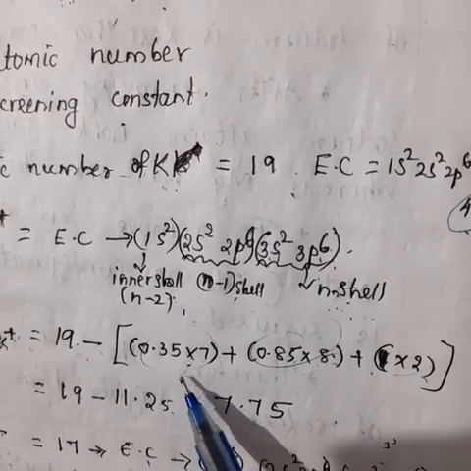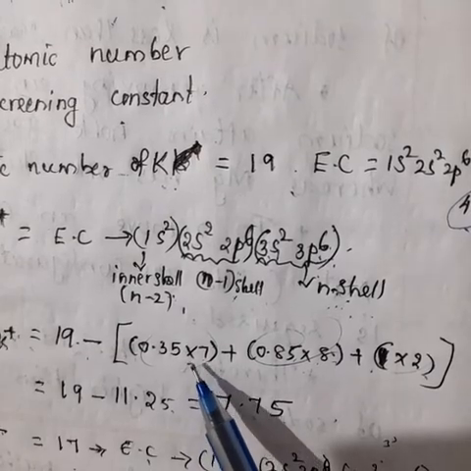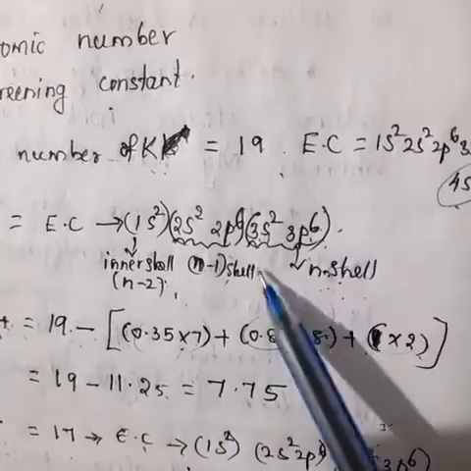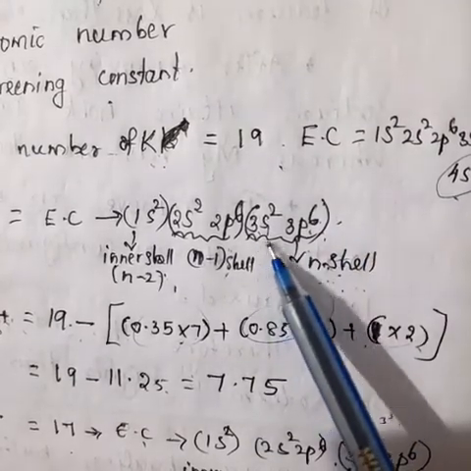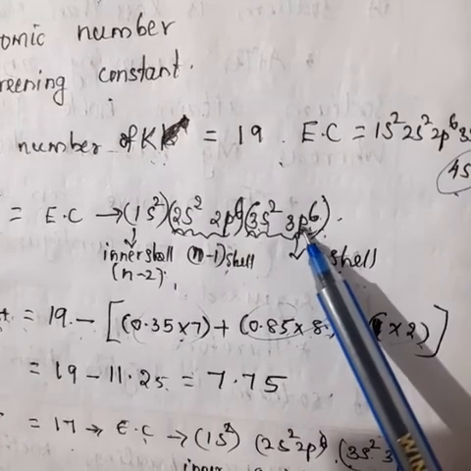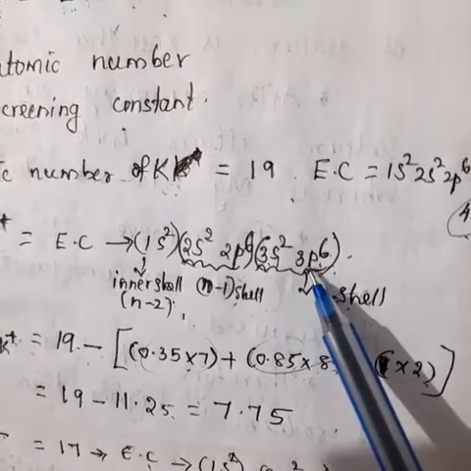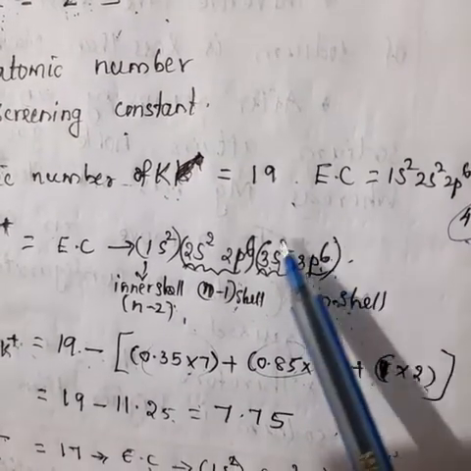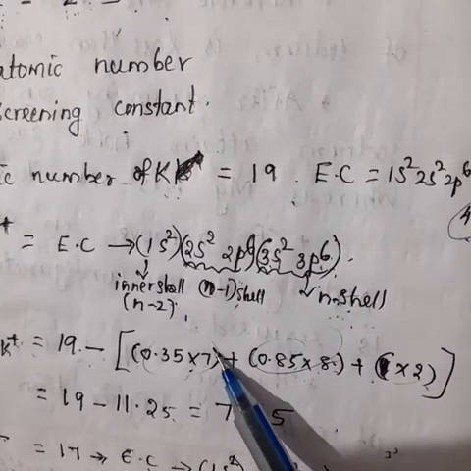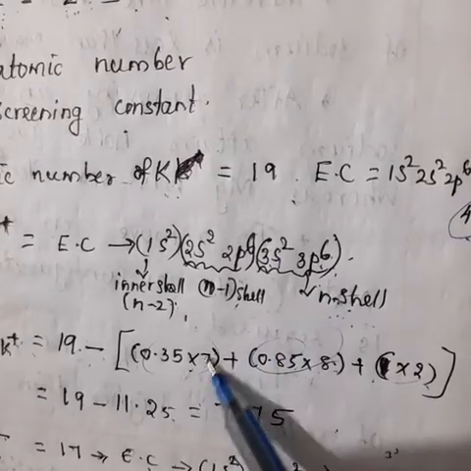So here 0.35 into the outermost electrons. How many electrons are there? Totally 6 plus 2, 8 electrons. But we should take 1 electron less. When we are taking the last outermost orbit, we should take 1 electron less. This is the screening constant.